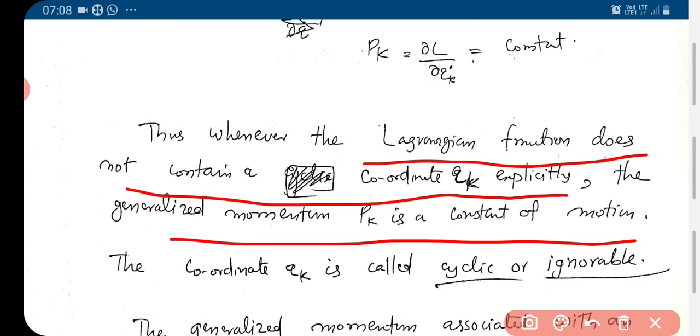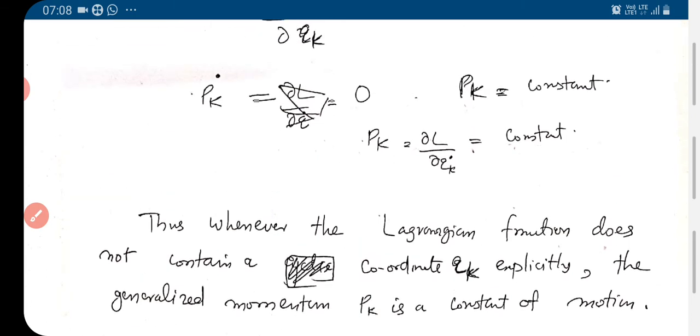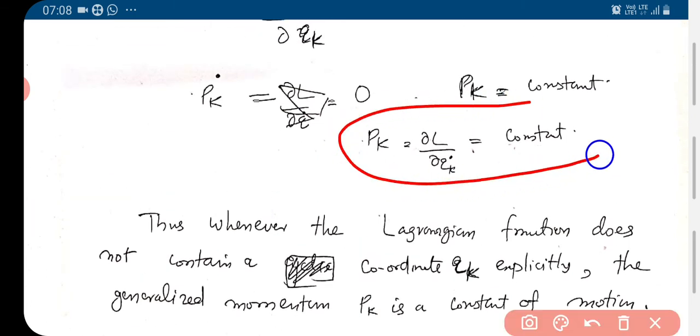So you might be asked, what is a cyclic or ignorable coordinate? If the Lagrangian function does not contain the coordinate qk explicitly, then we say that coordinate is a cyclic or ignorable coordinate, and the corresponding generalized momentum is a constant of motion, as we have seen here. pk is a constant.